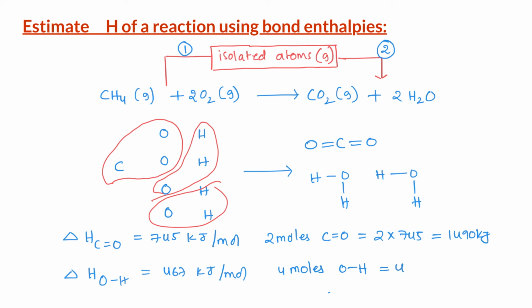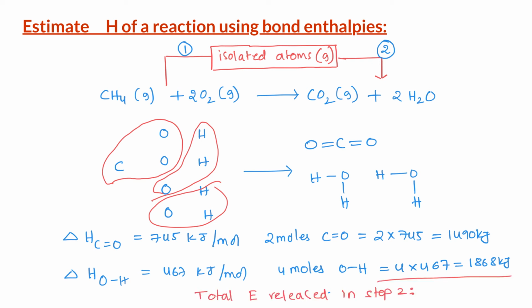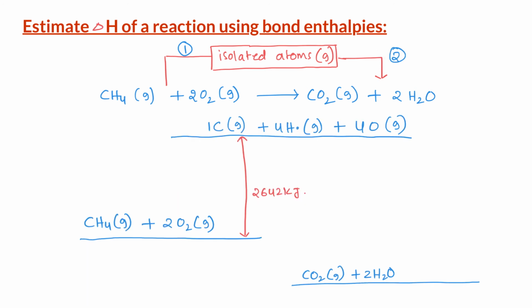Therefore, the energy released is 4 times 467 kilojoules, that is 1868 kilojoules. So, overall, the energy released when all the atoms are combined to form products is 1868 plus 1490, that is 3358 kilojoules.